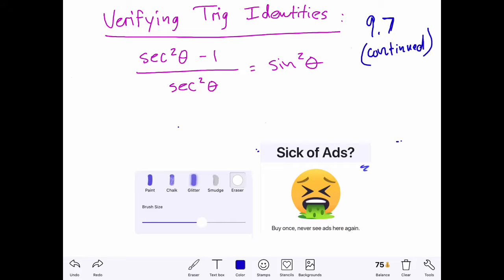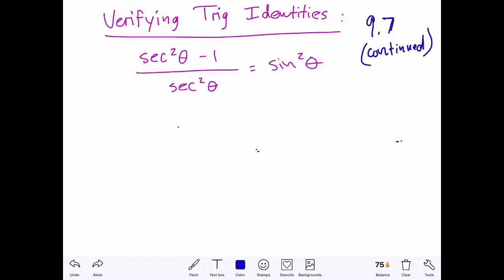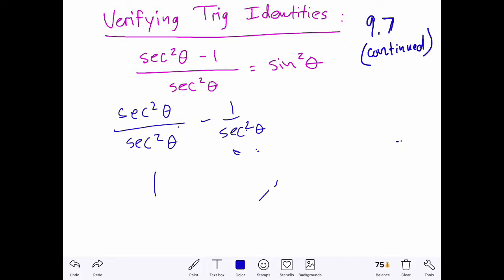In other words, to get secant squared theta minus 1 over secant squared theta and make it look like sine squared theta, I can start by putting this over each denominator here. Then secant squared over secant squared is just 1.